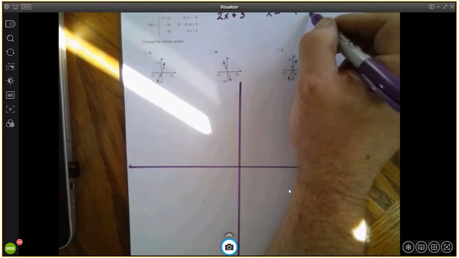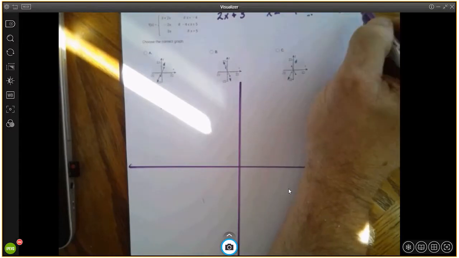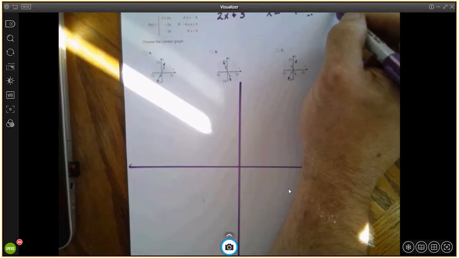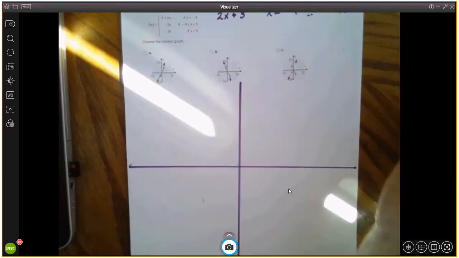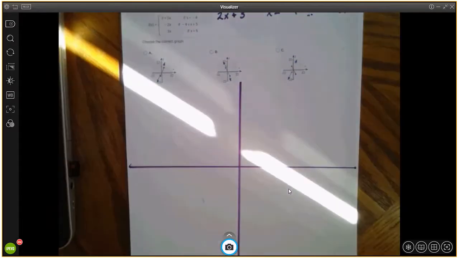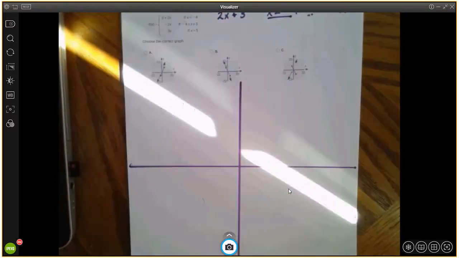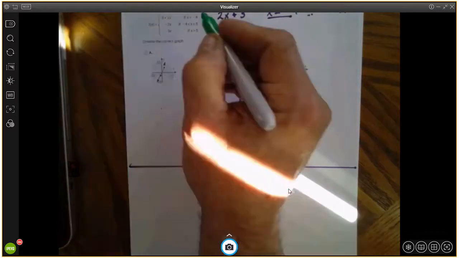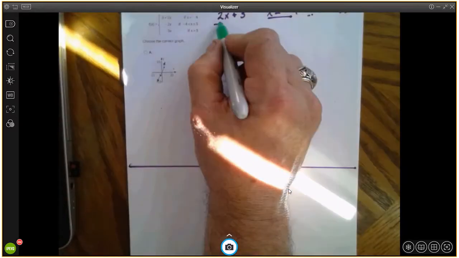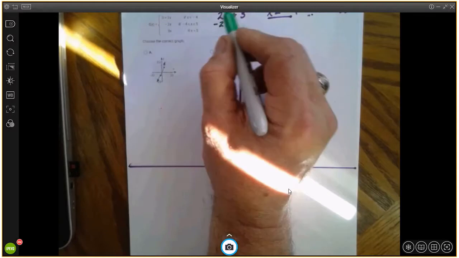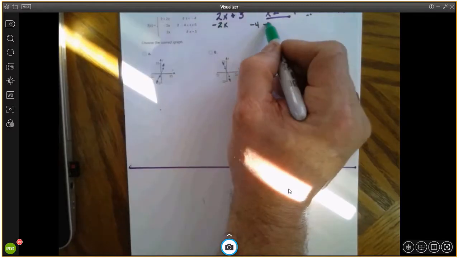You can't use -4. I don't know, I think I'm losing it. Sorry. -5, -6, and so on. All right, that's what that means right there. The next one, that's in purple, is -2x, and you can only use from -4 to +5.